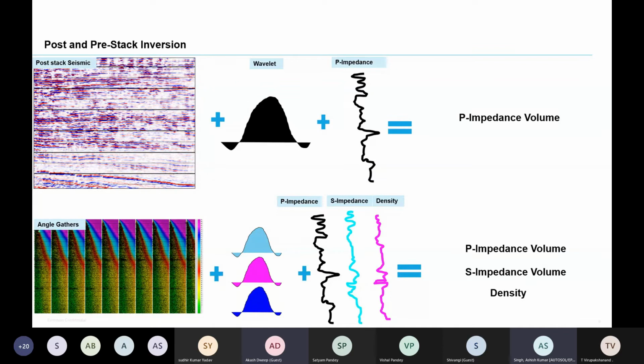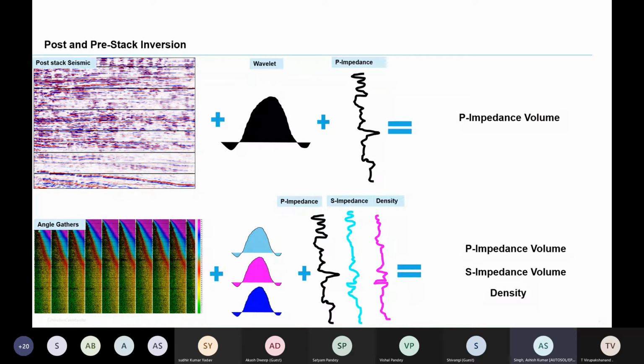Excellent. But what it means is, if you are adding the data and stacking it, you will get a section, and when you invert it, the output will be the P impedance volume only. So post stack inversion gives you only the P impedance volume.